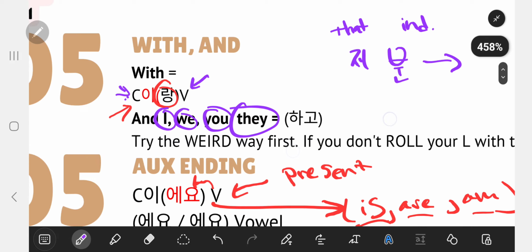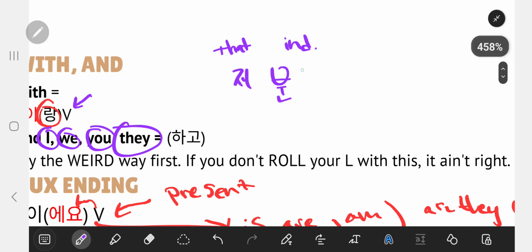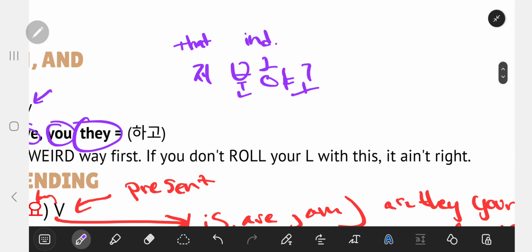And then I can say something like this, 저분하고, that individual. Now, let's say I'm talking about doing something with that person, and if I say 저분하고, it means that individual and I.